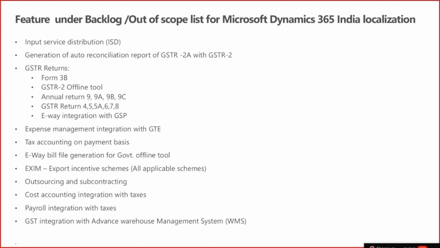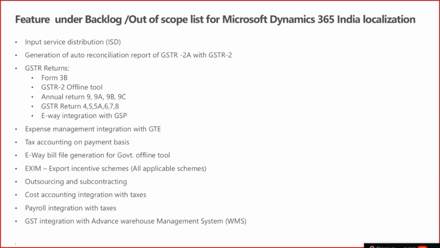So we are analyzing it, and we will make sure that a user has the capability to do a reconciliation either through a government process or through some GSP process. So we are keeping an eye on this particular change.